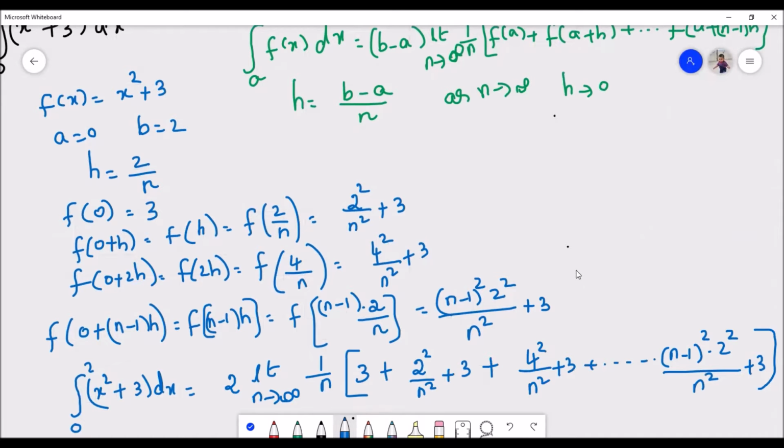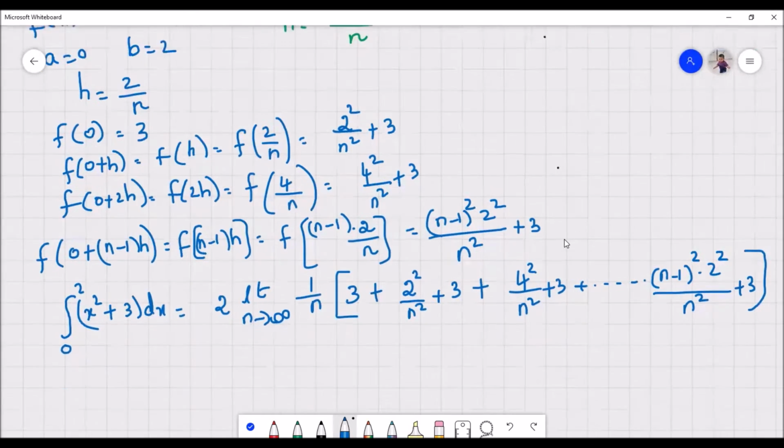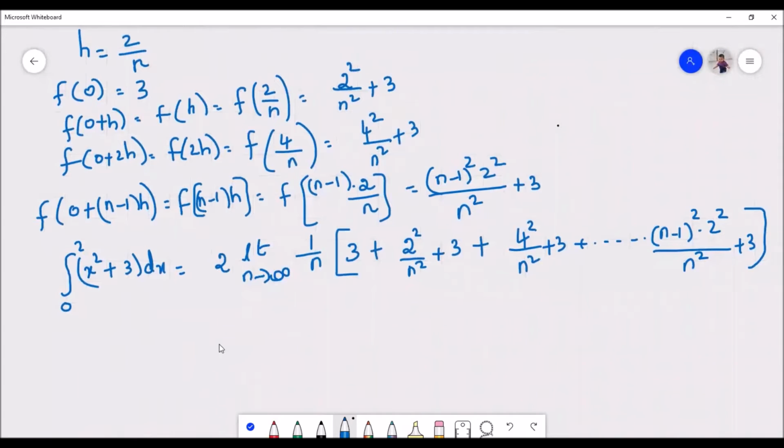Now let us see how we are going to simplify this part. So this is equal to 2 times, with 2 outside, the limit as n approaches infinity of 1 divided by n. You can see the 3 starts from here. How many terms of 3 are there? 3 for the first term, 3 again for the second term, so continuously we have 3 up to the last term.